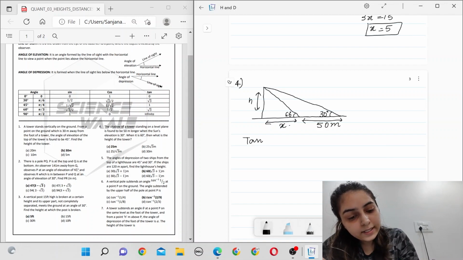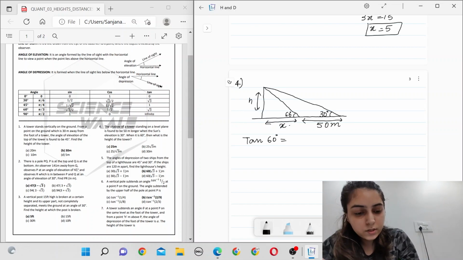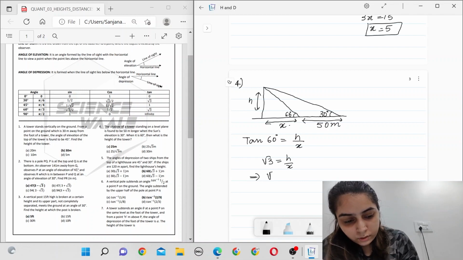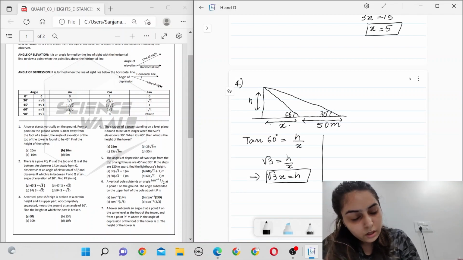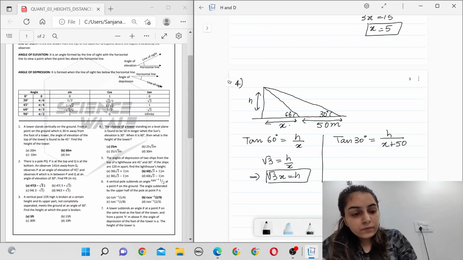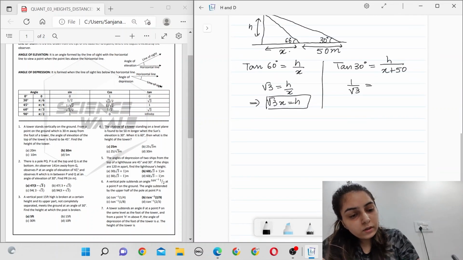So if we apply tan 60, it will be opposite side by adjacent side, so h by x. So root 3 is equal to h by x. That implies root 3x is equal to h. If we apply tan 30, it is going to be h by x plus 50, and tan 30 as we all know is 1 by root 3, equal to h by x plus 50.